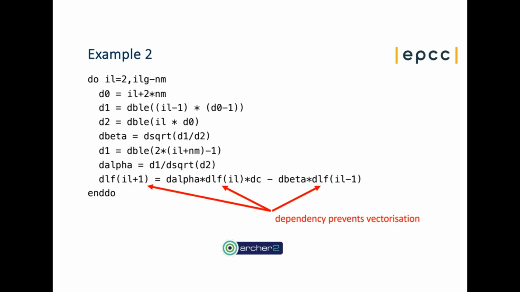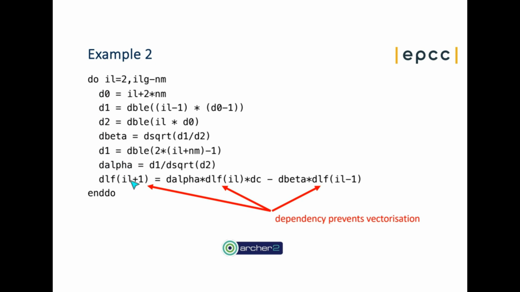The second one is also interesting. It's actually from the same code. Again we've got a loop that computes a whole bunch of scalars, and then does some array operations.